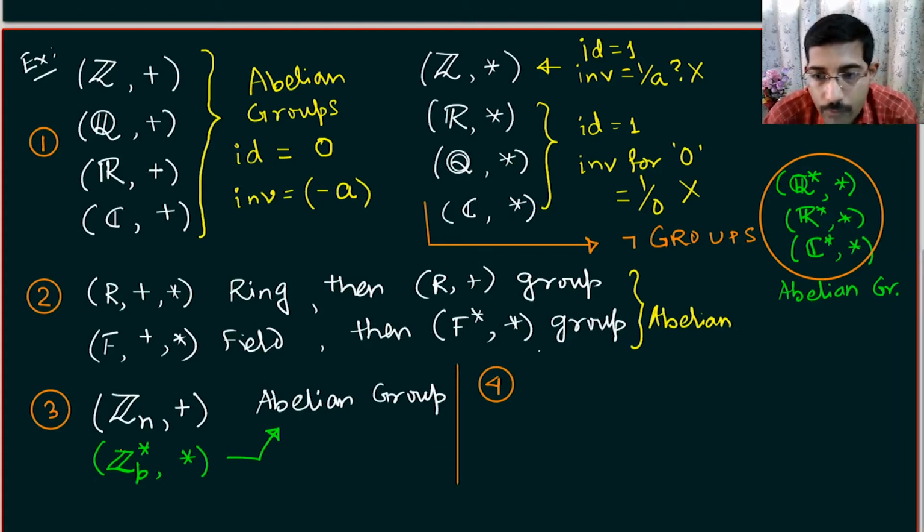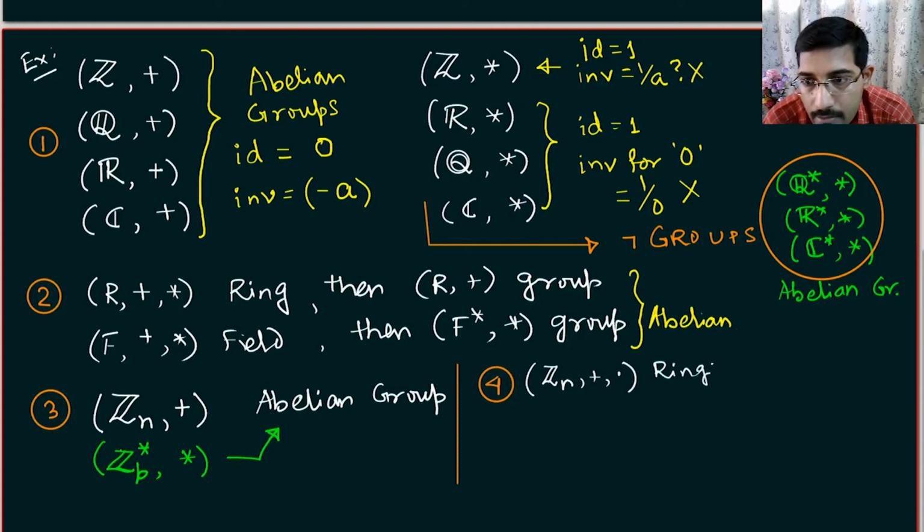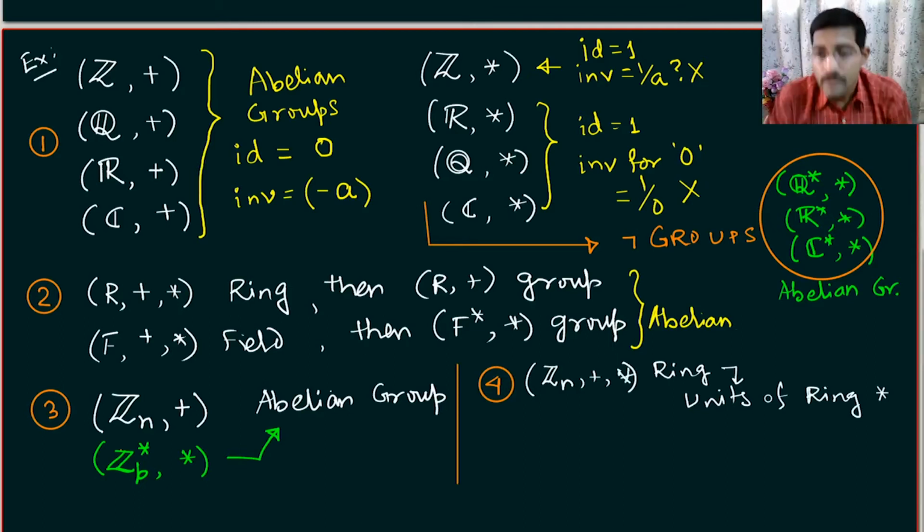We may think that since this is a ring, we will consider the units of the ring under the multiplication operation. For example, for Z9, what are the units?